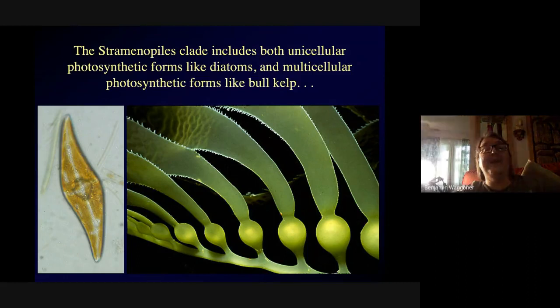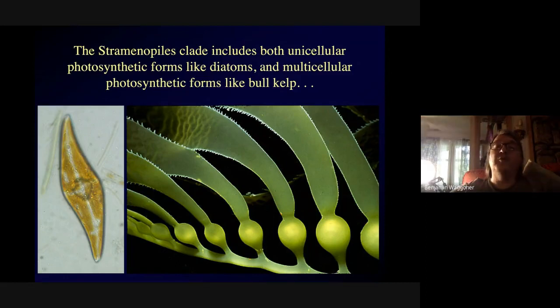On the left, that is a diatom. Diatoms are single-celled protists in silica shells that are photosynthetic and very, very common in both the oceans and in freshwater habitats. You'll probably see plenty of diatoms in the course of this class.